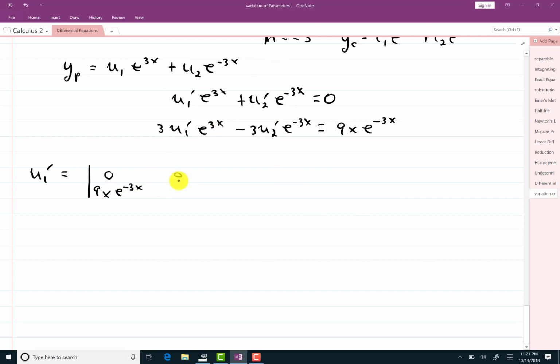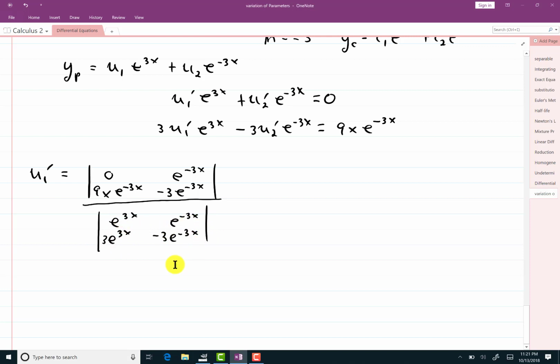So we have e to the negative 3x, negative 3e to the negative 3x, and all of that is over the Wronskian, which will simply be the coefficients of the whole system of equations. e to the 3x, e to the negative 3x. Down here I'll get 3e to the 3x, and down here I'll get negative 3e to the negative 3x. And you know this, this is the Wronskian. You'll have your first row, but the second row will be the derivatives of the first row.